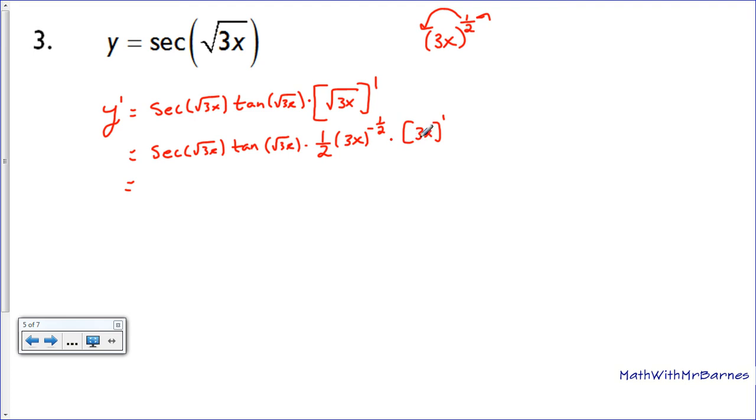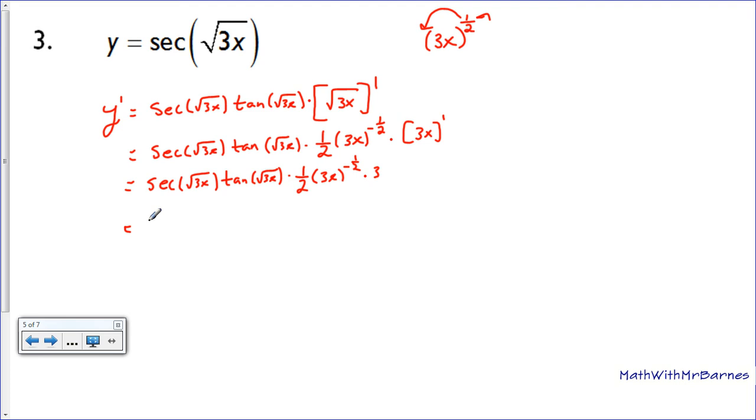So the derivative of 3x is 3, and then we're going to combine it with that half. So secant square root 3x, tan square root 3x, and then 1 half times 3x to the negative half, and times 3.